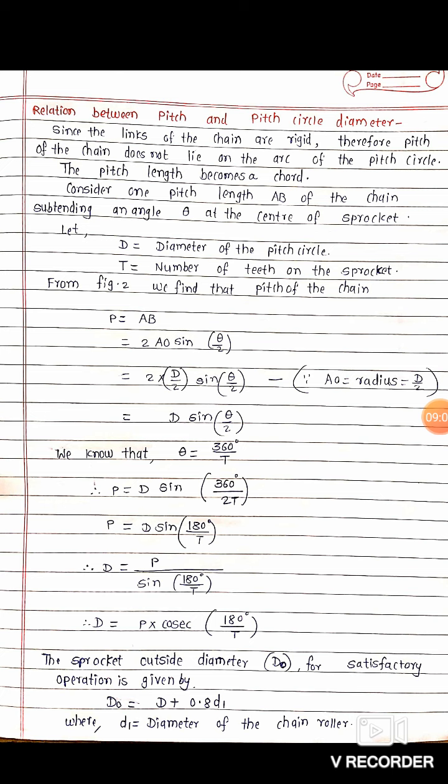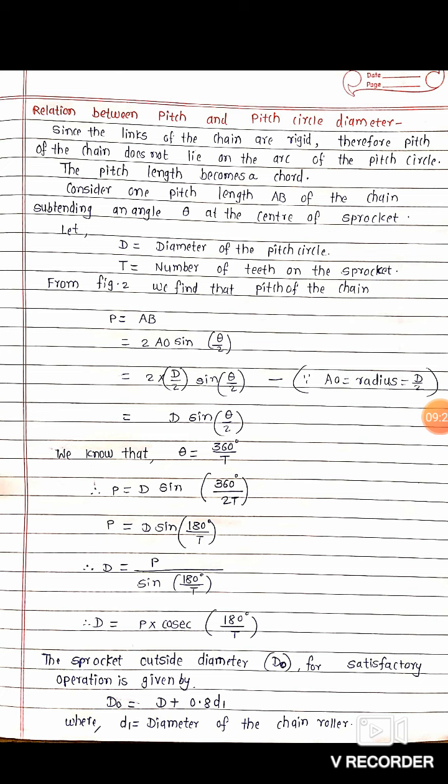By using trigonometric ratios in triangle AOB, P equals 2 times AO into sine theta by 2, and we substitute AO, which is nothing but the radius, equal to D by 2.